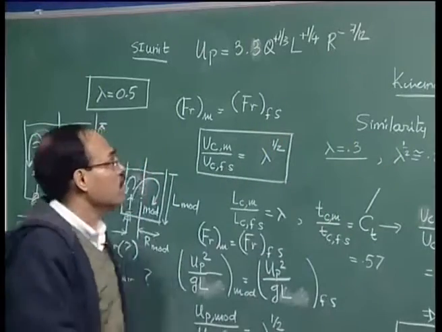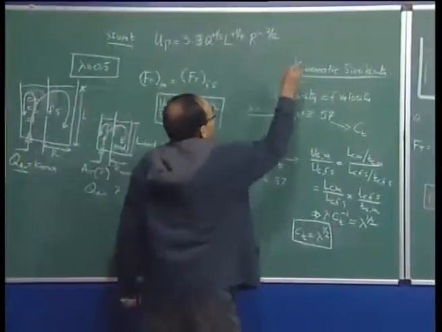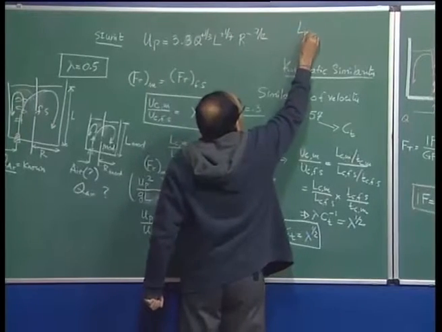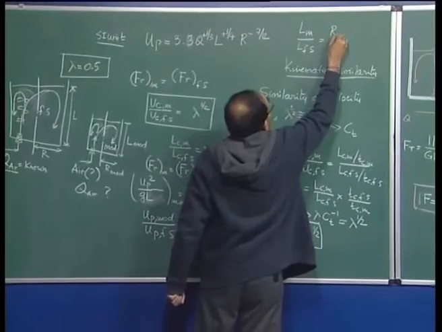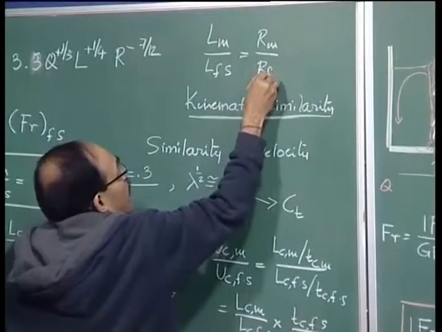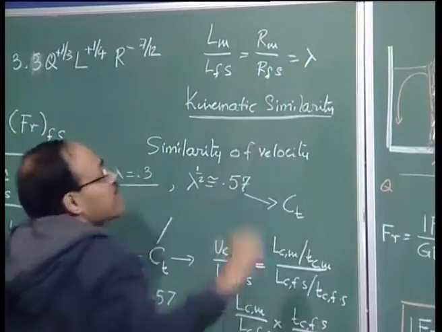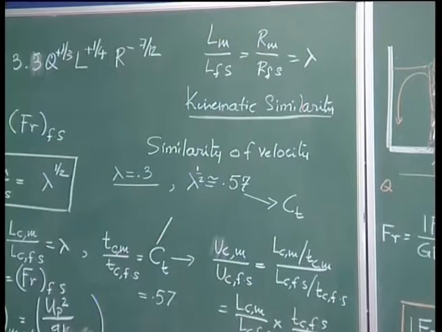Now, we also note that L model by L full scale is equal to R model by R full scale is equal to lambda. This relationship always holds good because the systems are geometrically similar.